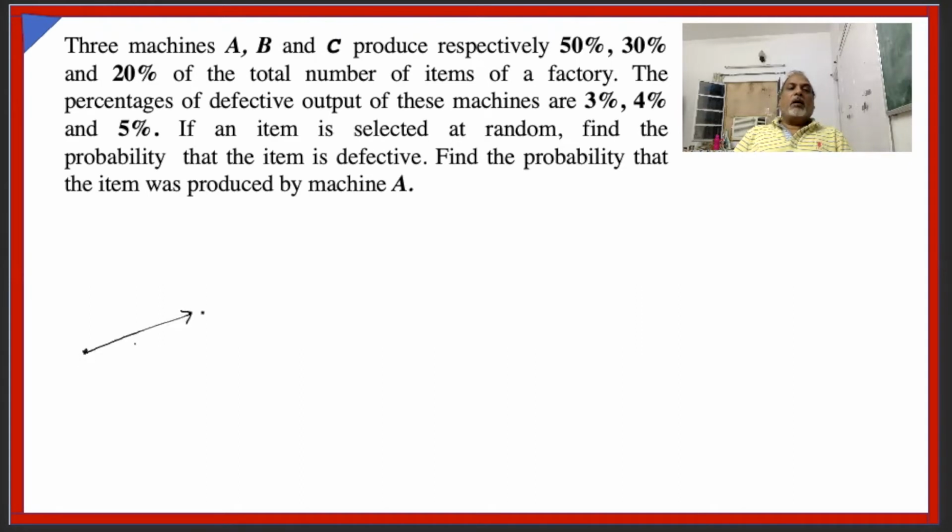We have three machines, A, B, C. Now A is producing 50% of the produced items, B is producing 30% and C is producing 20%.